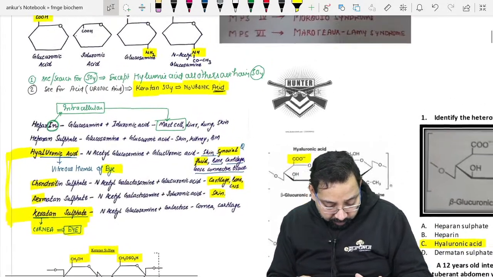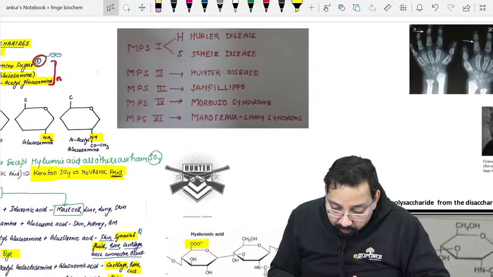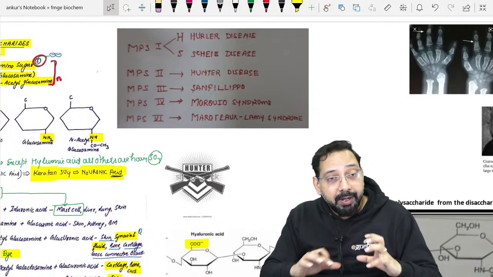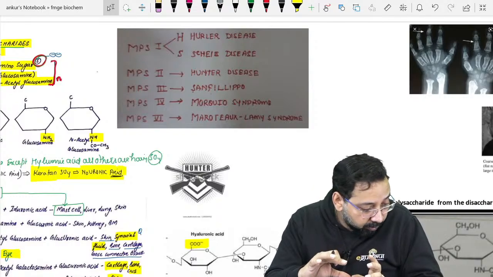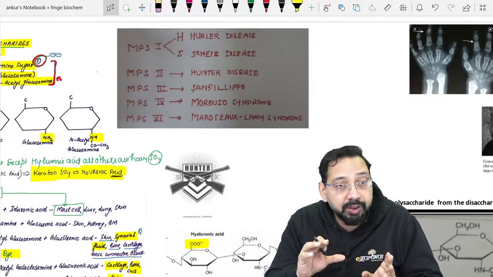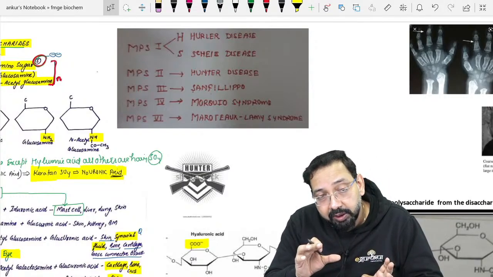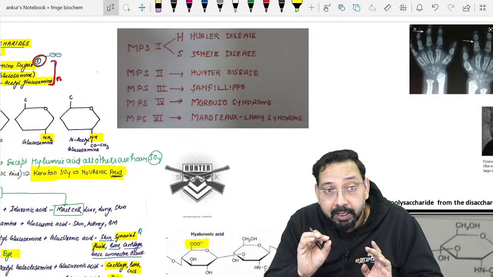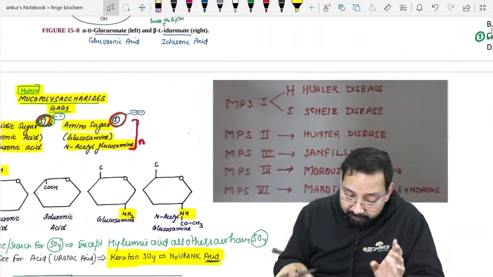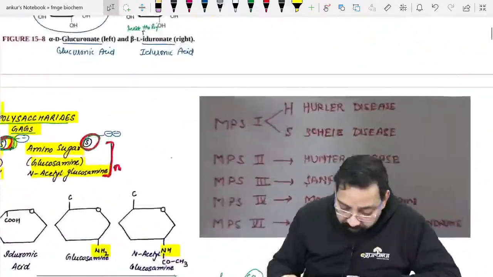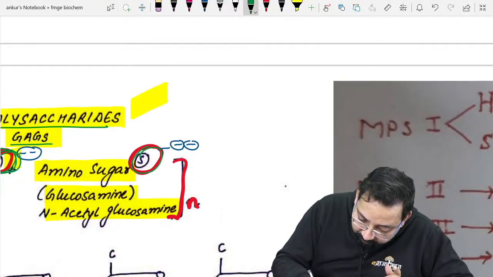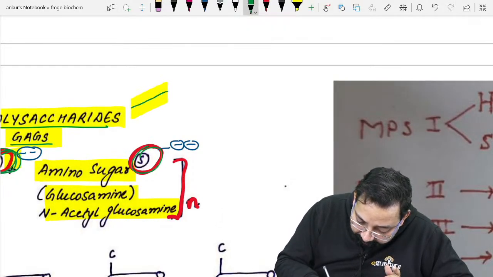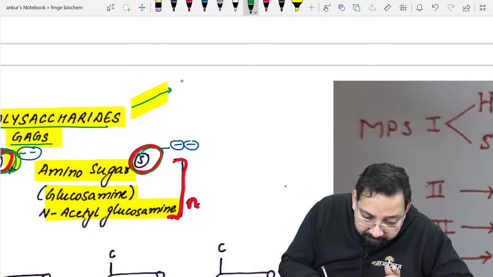Now, we found that keratan sulfate, dermatan sulfate, hyaluronic acid, these glycosaminoglycans are distributed extracellularly, and they are metabolized in the cell, in the lysosome. These mucopolysaccharides are degraded, or you can say metabolized, in the lysosome.